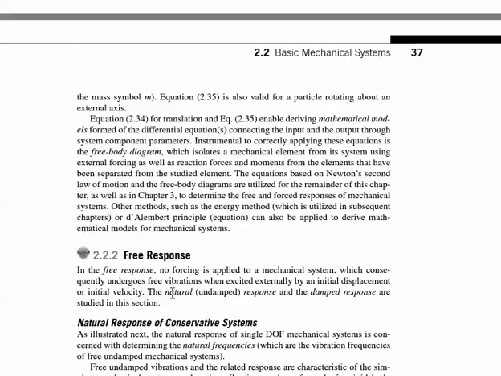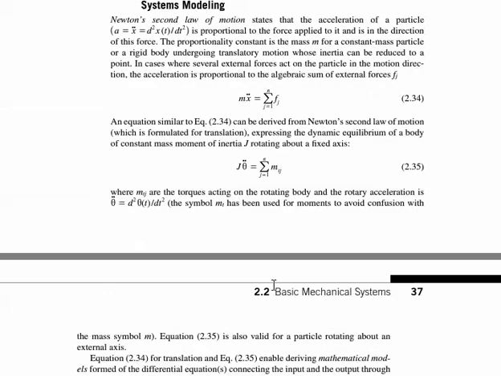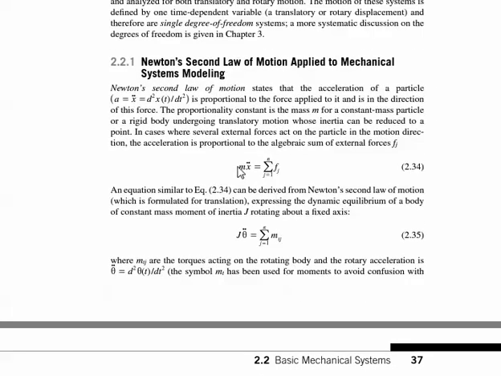The way he solves these mechanical problems is, instead of saying the inertial force of the mass is equal to the sum of the forces acting on the mass, he says we're going to treat the inertial force as a force that is acting on the mass. People will say that is an imaginary force.